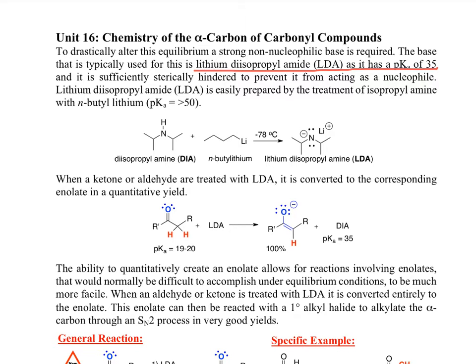And if we then treat a ketone or aldehyde with LDA, we get 100% of the enolate. The reason is that LDA is much more basic than our enolate, and so this reaction is favored to go in this direction to give us the enolate. So we can quantitatively convert a ketone or an aldehyde to its enolate using LDA.